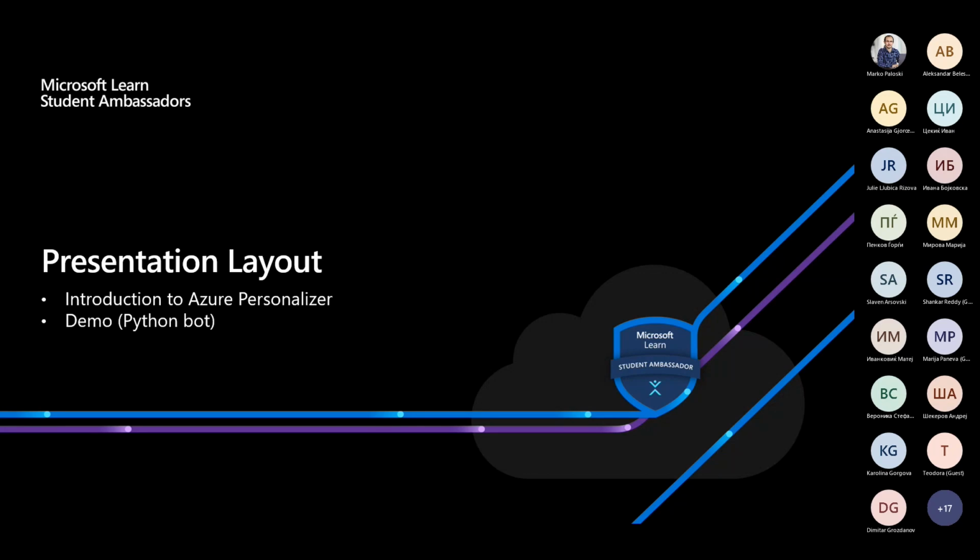And then the main part of the presentation will be a live demo of this Python bot that we want to create. It's a very simple Python bot because we want to understand the main aspect of Personalizer, so we only need a very simple bot to understand that, and then you can implement it in a larger scale project. All right, let's start right away.